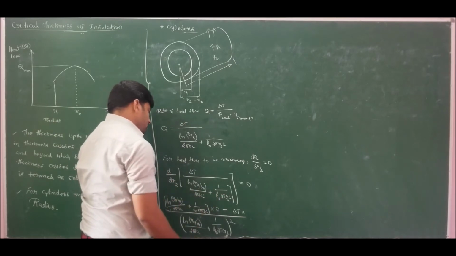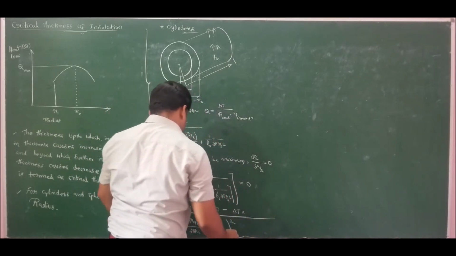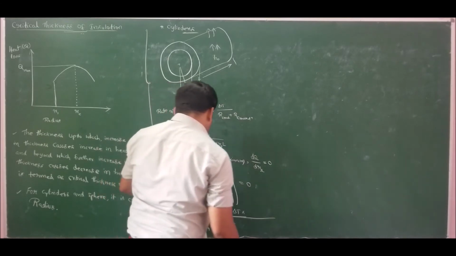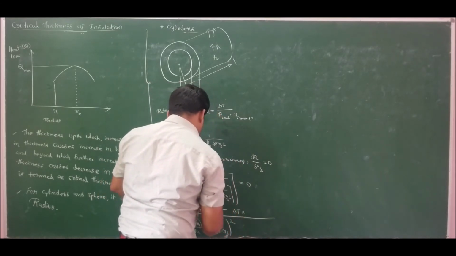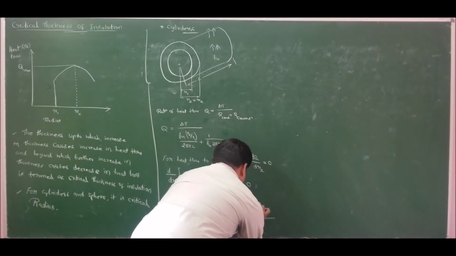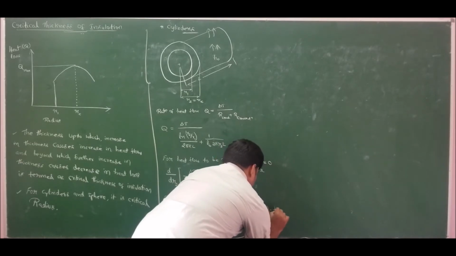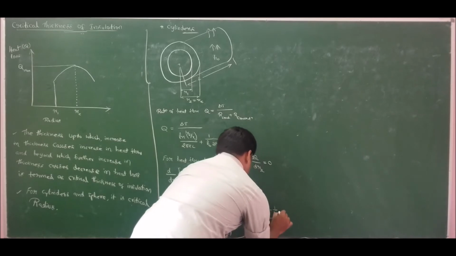Differentiation of the denominator will yield the following. I take 1 by 2 pi KL common, and I get 1 by 2 pi KL of log x is 1 by x, so I get R1 by R2 into R2 by R1, differentiation of which is 1 by R1.